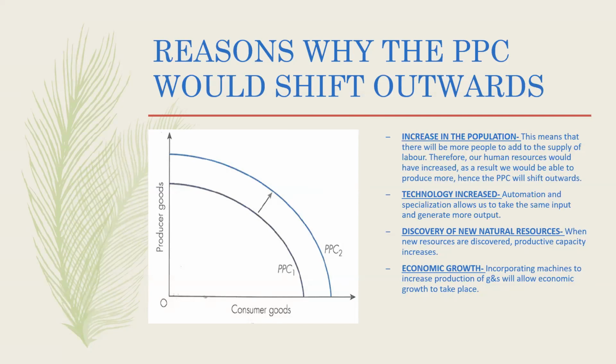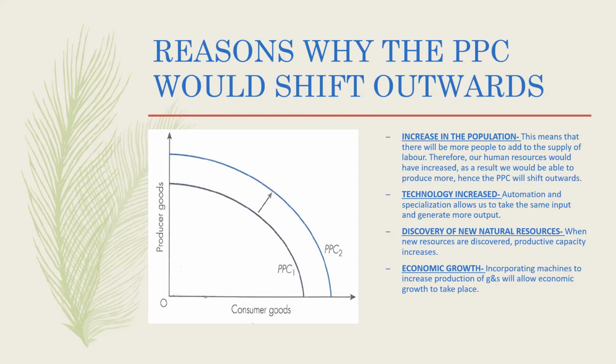I'm seeing Nathan here as well. Yes, discovery of natural resources, which is point number 3, will also increase our production possibility curve. Discovery of these new resources will increase our productive capacity.